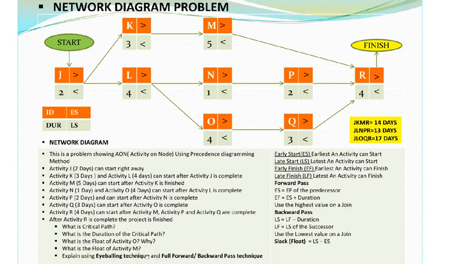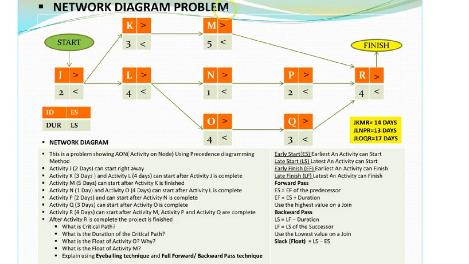The way this technique works is, I take the sequence of my critical path, which is J, L, O, Q, R, which is 17 days, and then I take the sequence of the path which the node M lies on, because that's the activity I want to find the float for.